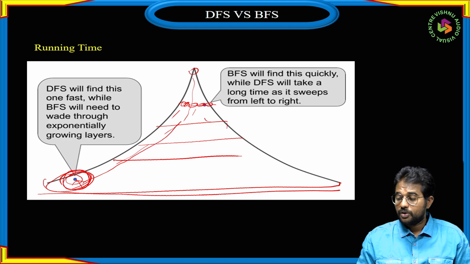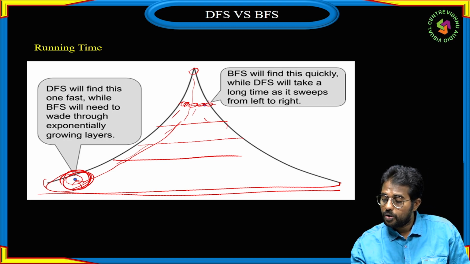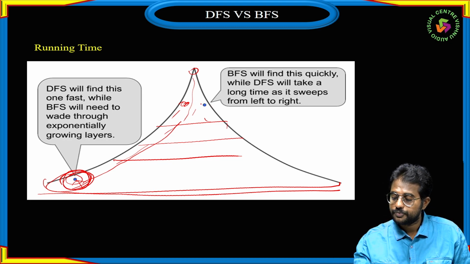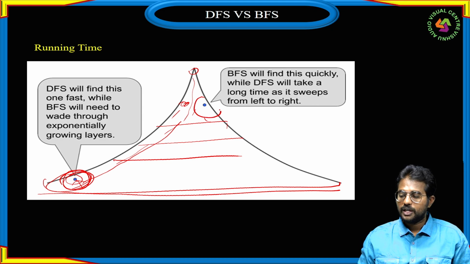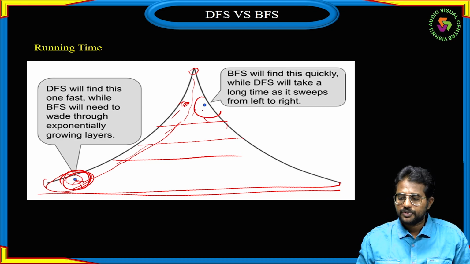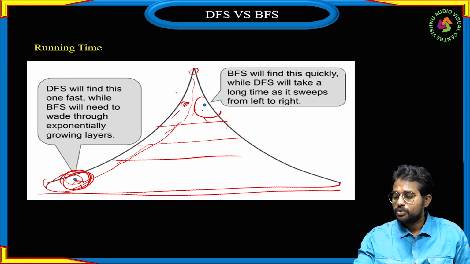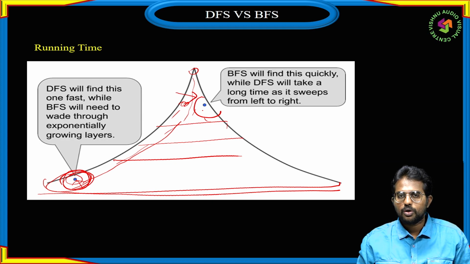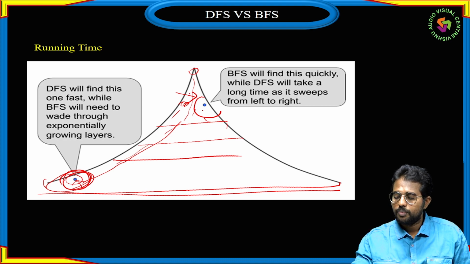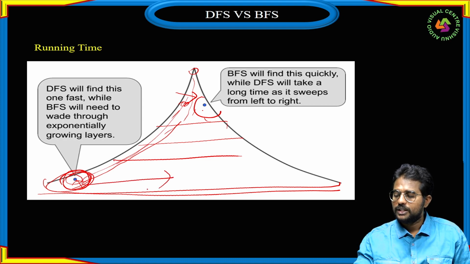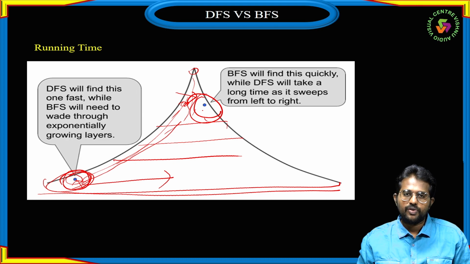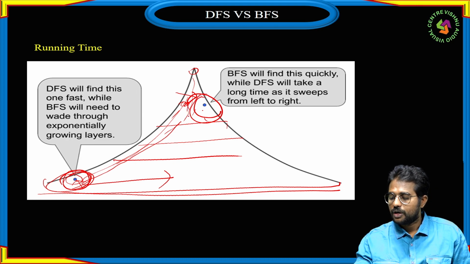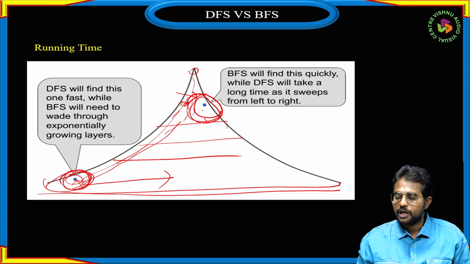If the goal node is present here, BFS will be the first. By using BFS, I will reach the goal node easily or quickly, while DFS will be sweeping from left to right. If the goal node is present in this particular place, then BFS will be the best algorithm to apply.